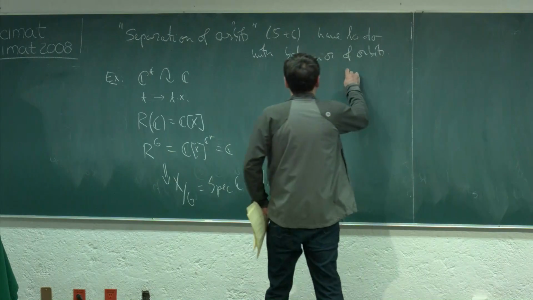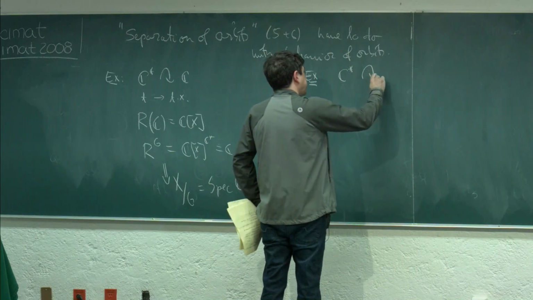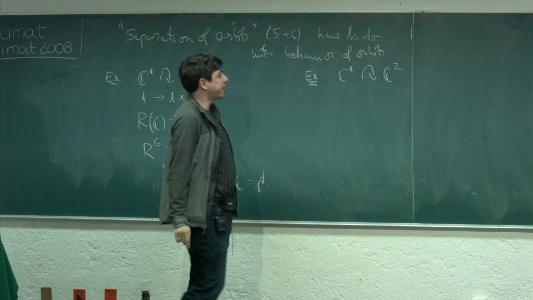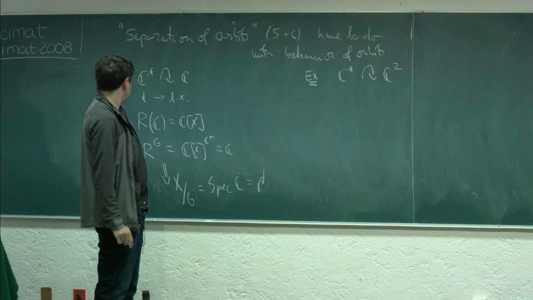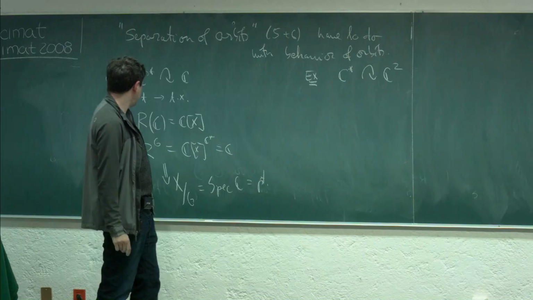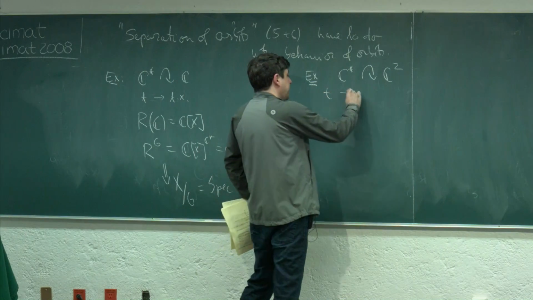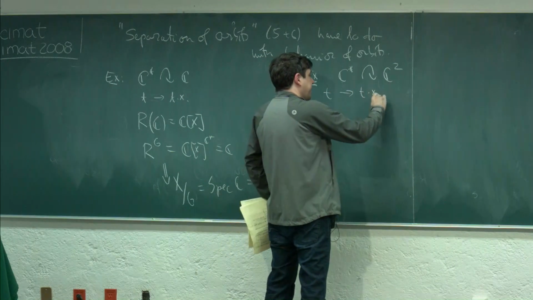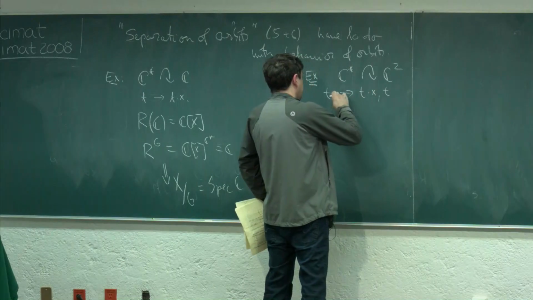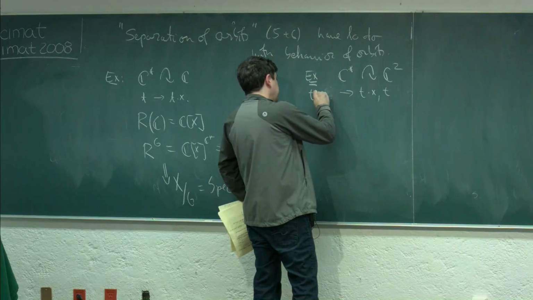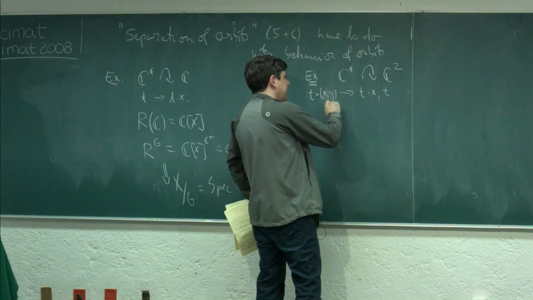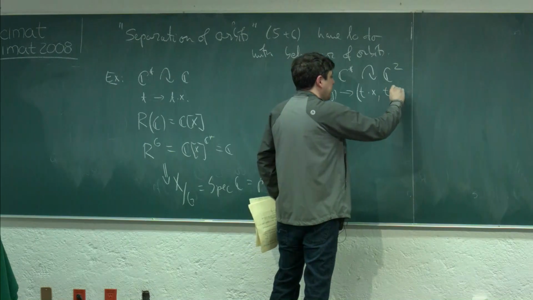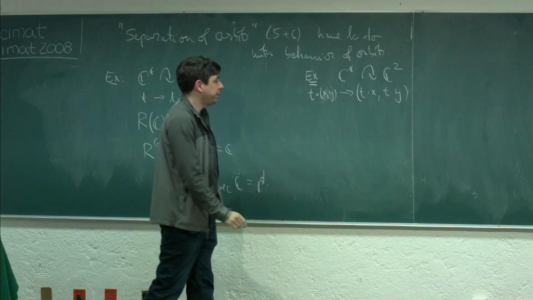Exactly the same example, I can do it on C squared. So let me write it more carefully. t acts on (x, y) by going to (t times x, t times y).